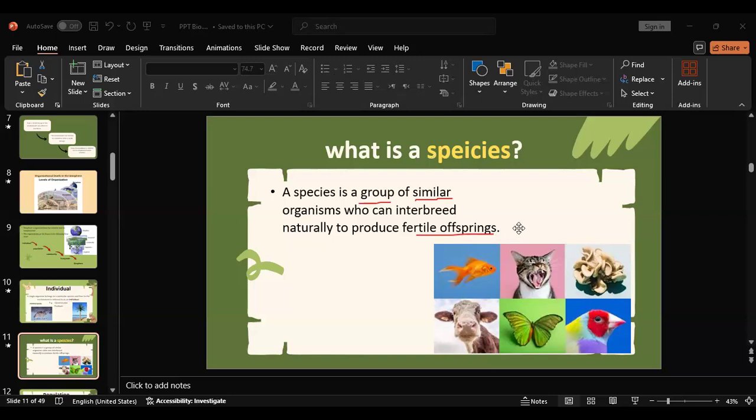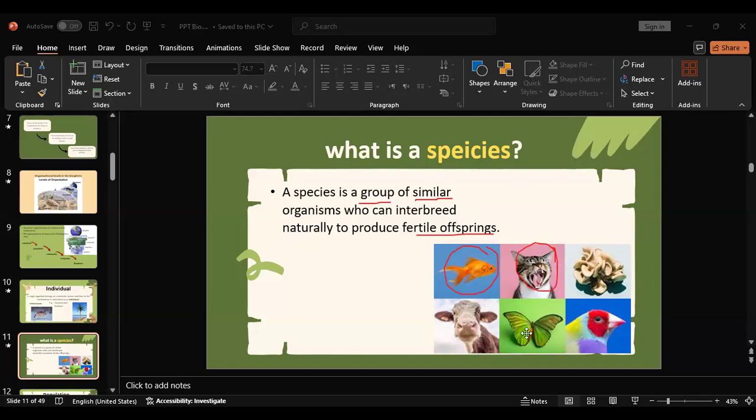Here, fish is one of the species, that means a lot of fishes come under this fish group. Likewise, a lot of cats, the same group, is one species.